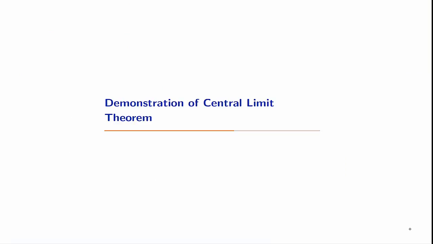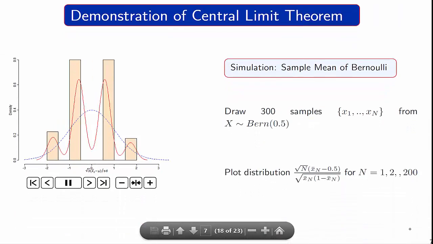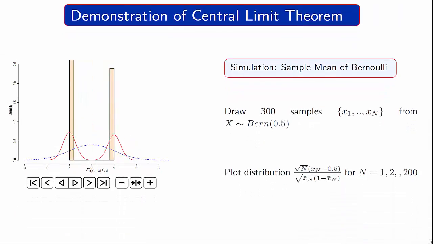We now provide a demonstration of the central limit theorem using our simulation example from the Bernoulli from earlier. Again, we'll simulate from a Bernoulli distribution, drawing 300 samples, X1 to Xn, from an IID Bernoulli sample with probability 1/2. So again, we use a random number generator.